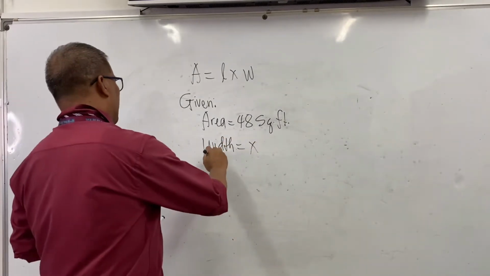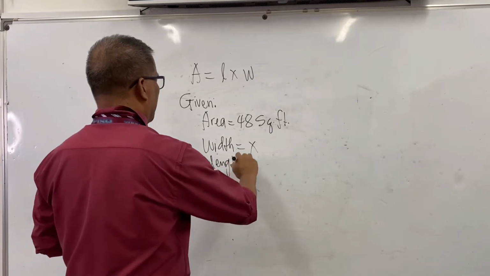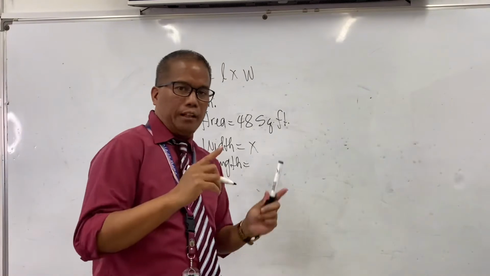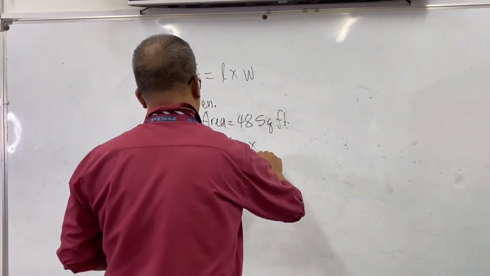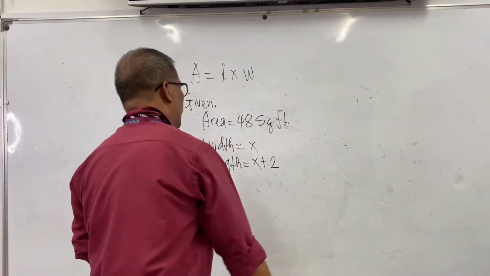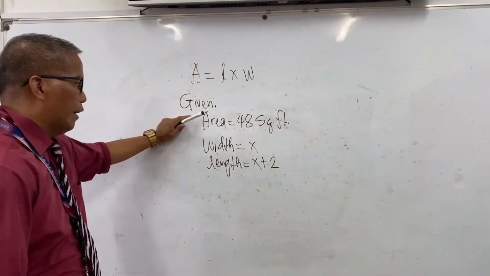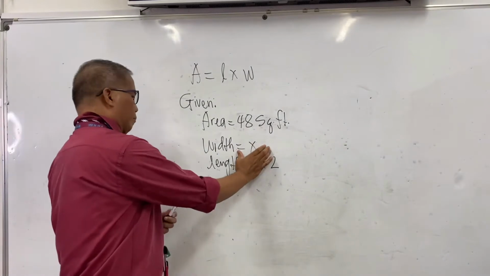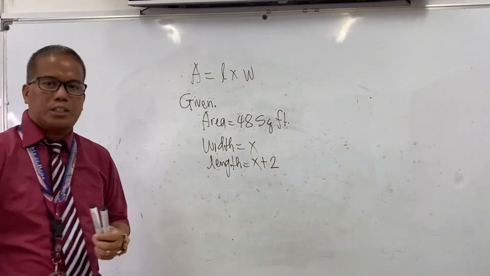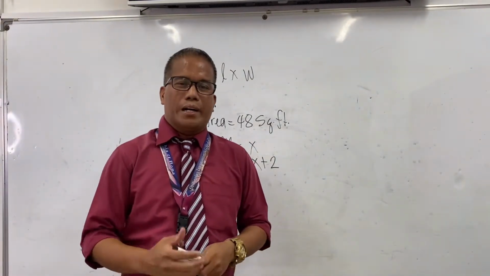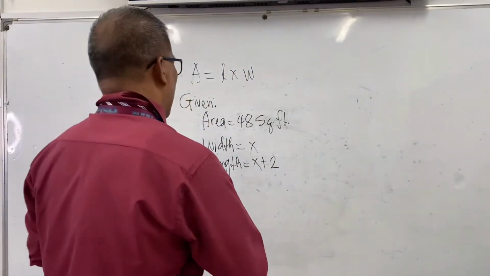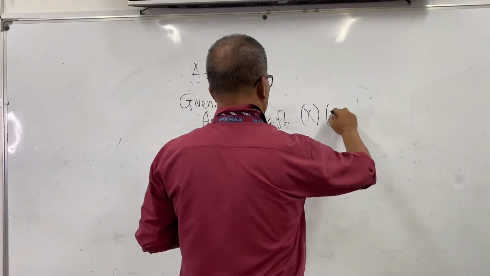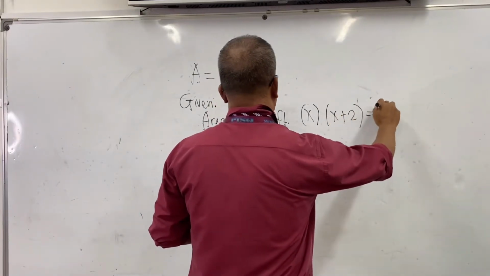And then the length is 2 feet longer than x, so x plus 2. So these are the given: area, 48 square feet; width, x; length, x plus 2. Now by substitution, we have x times x plus 2 is equal to 48.